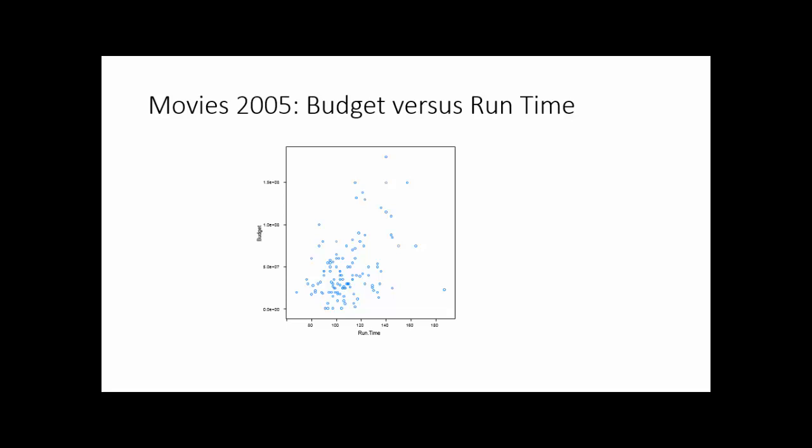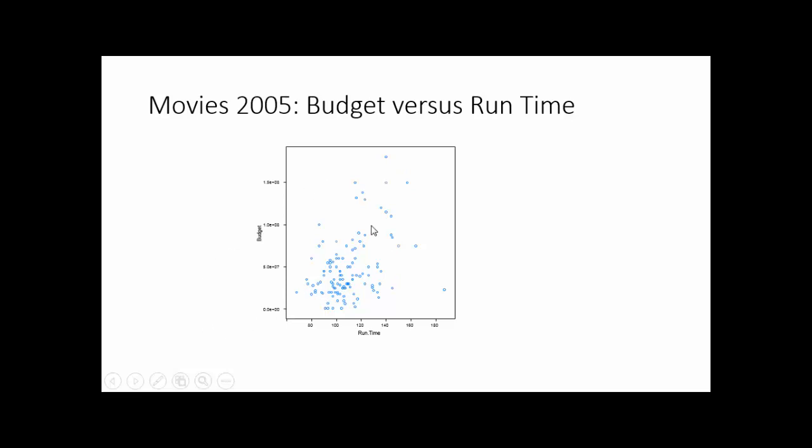So how would we describe this? Remember, what are the three things we need to talk about? Direction, form, and strength. What's the direction? Well, as I move from left to right in this picture, you notice that the points go up a little bit. The short movies here have pretty low budgets, while the longer movies here have quite large budgets.